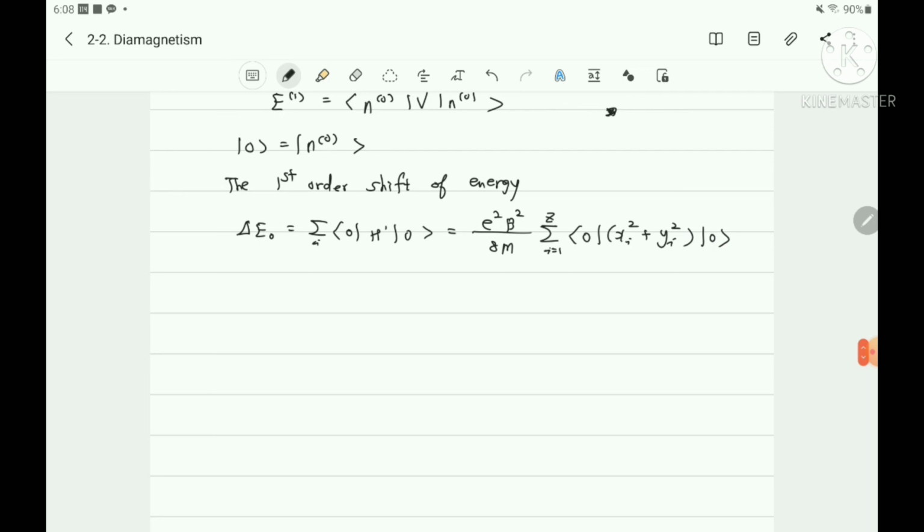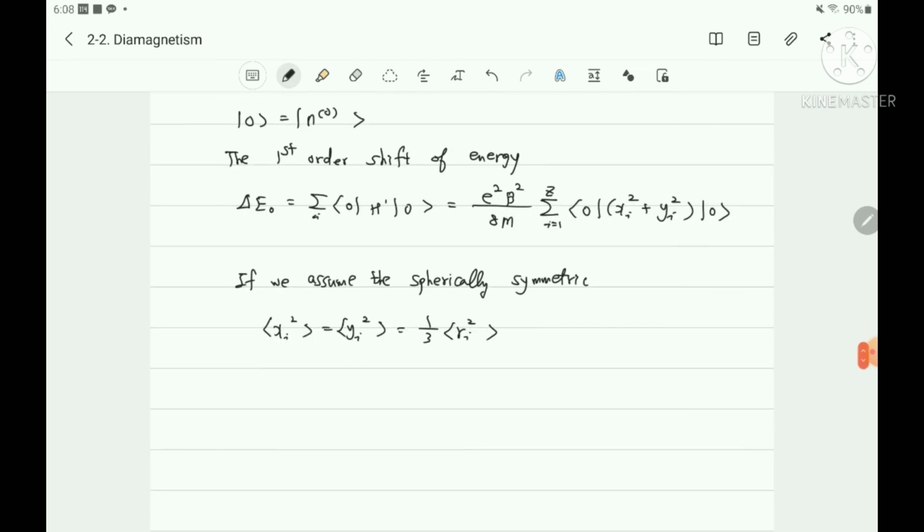In a single atom, we can assume it is spherically symmetric. Then xi square and yi square are the same, each 1/3 Ri square, where R means the radial direction.